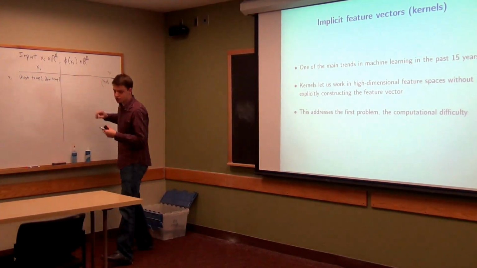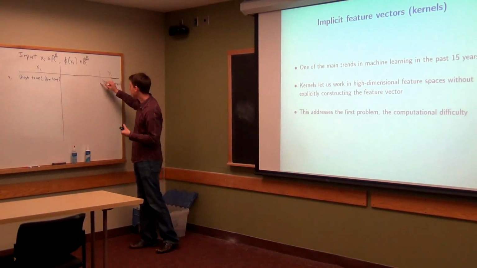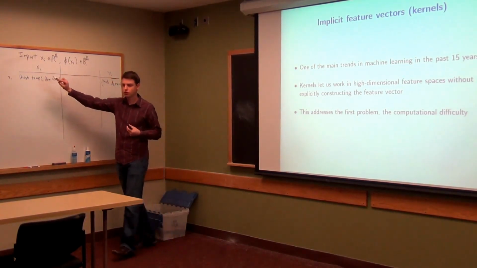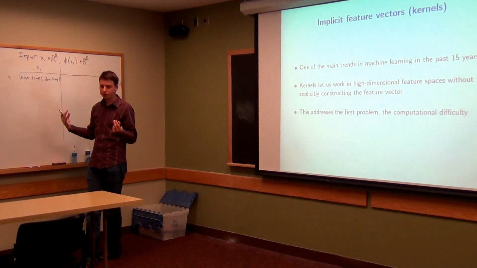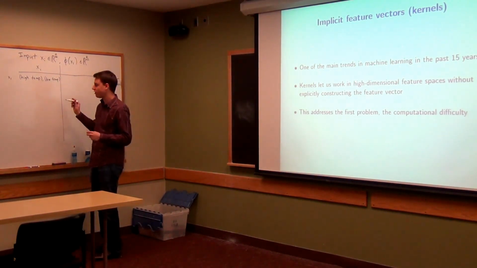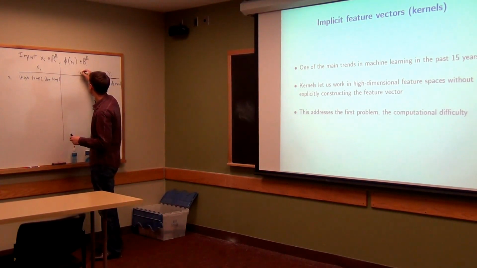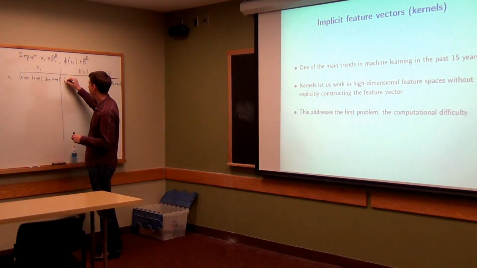The features are something a little bit different. From this input, we can compute any number of features. So in the simplest case, linear regression, it was just exactly these things. The phi of xi here. It was exactly these things. So we had high temperature.